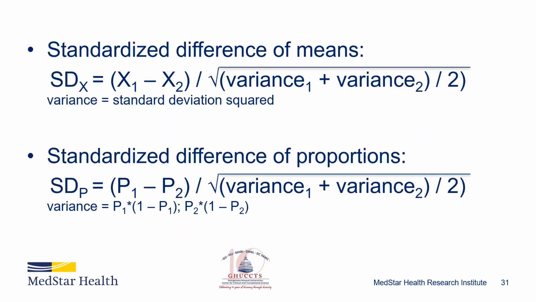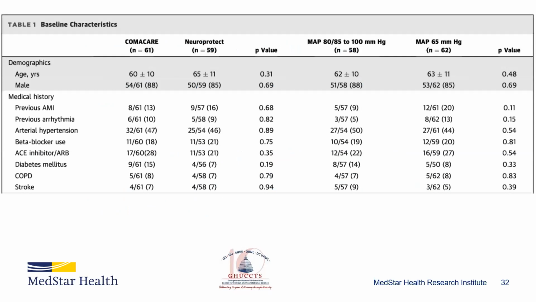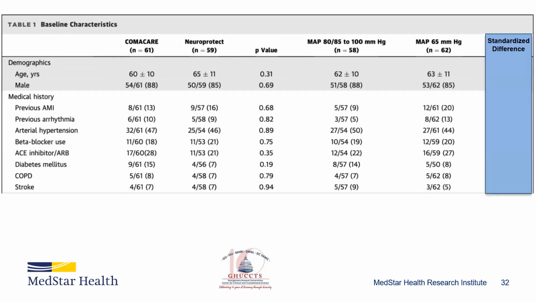So these are the formulas for calculating standardized difference of means and standardized difference of proportions. And in the table here that we looked at before, instead of doing p-values, it might be more interesting to do standardized differences, because in a lot of ways you can get actually more information from a standardized difference than you can in just looking at p-values.